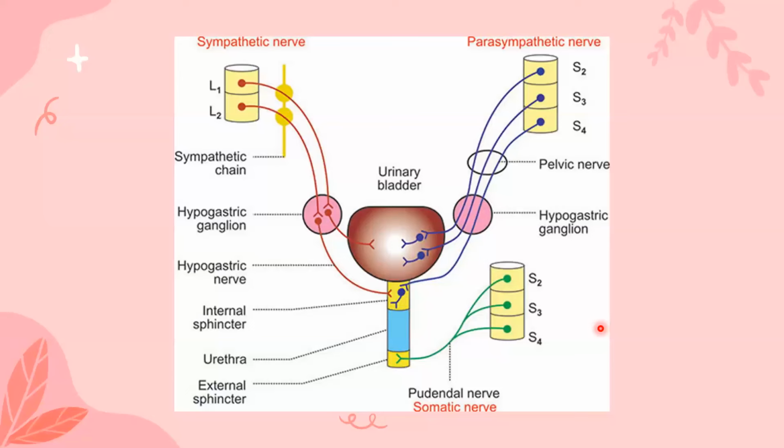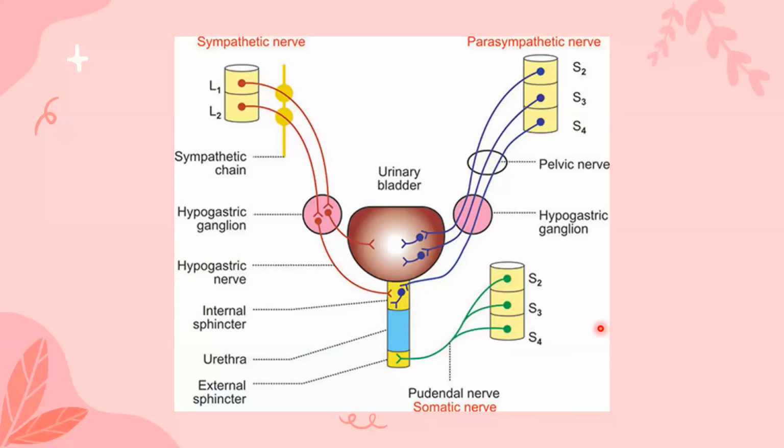Yes, perfect. Our parasympathetic nervous system is going to supply the urinary bladder and the internal urethral sphincter through the pelvic nerve, okay? Now, I mentioned that the internal urethral sphincter is involuntary, so it would make sense for our autonomic nervous system to handle it.